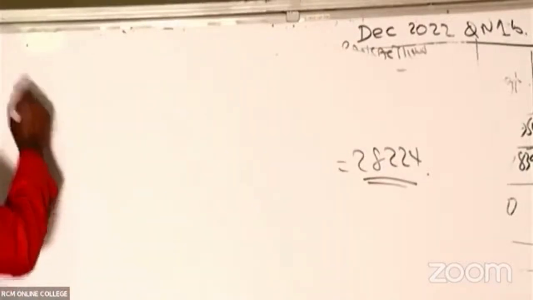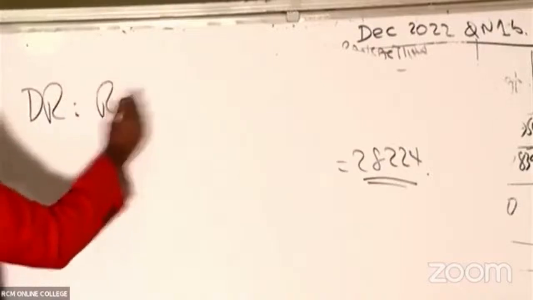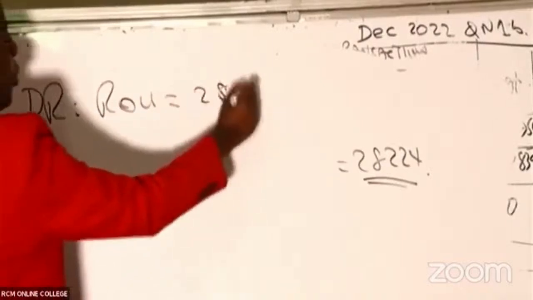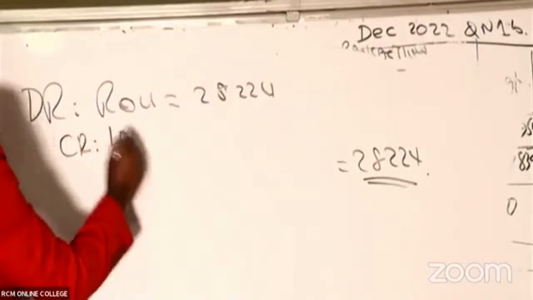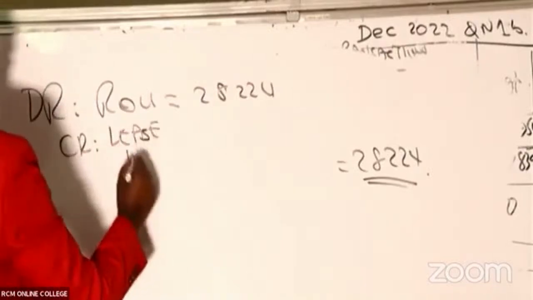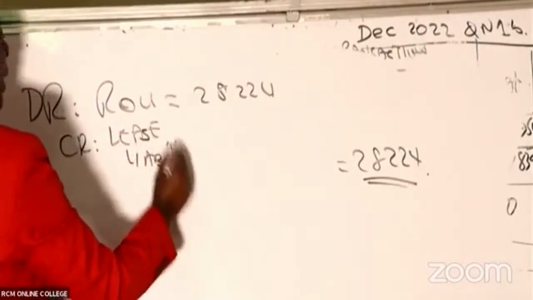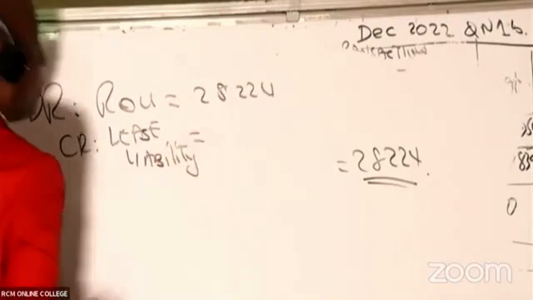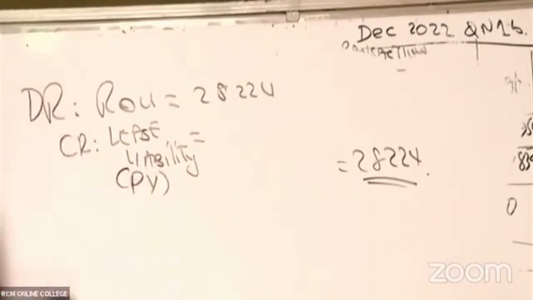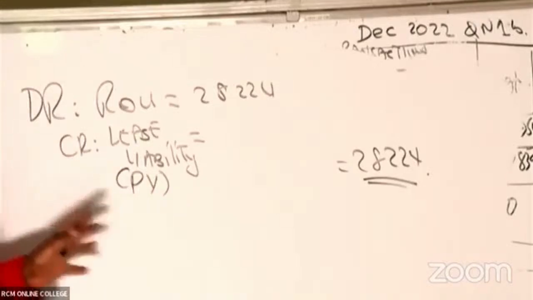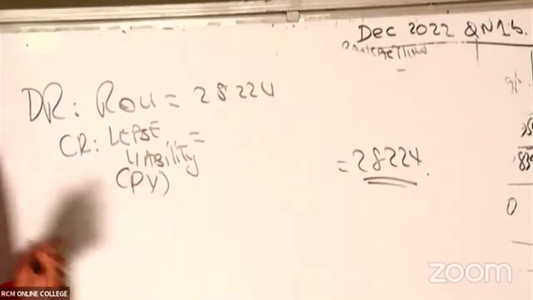So first of all, debit right of use, 28,224. Credit, in this case, lease liability. Remember, lease liability will always be equal to the present value of the lease obligation, which you have been able to give me as this lease liability.